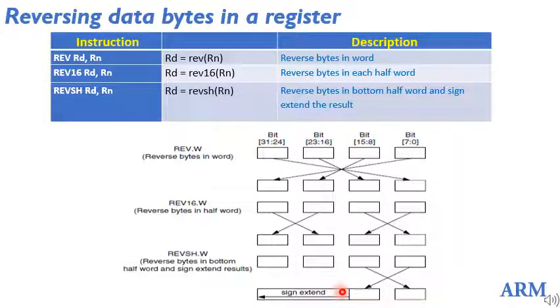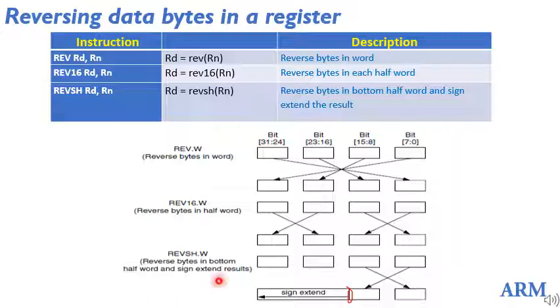That means here in this case bit number 0 to 7 will move to bit number 8 to 15, and bit number 8 to 15 will move to bit number 0 to 7. Now after the exchange of the bytes in the lower half word, whatever is the sign bit, if the sign bit is 1, the upper half word will be filled with ones, that is it is sign extended.